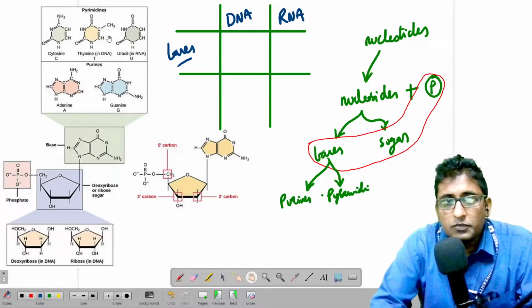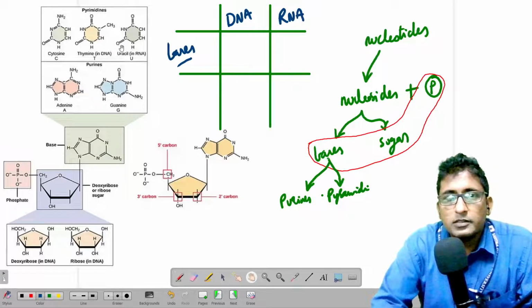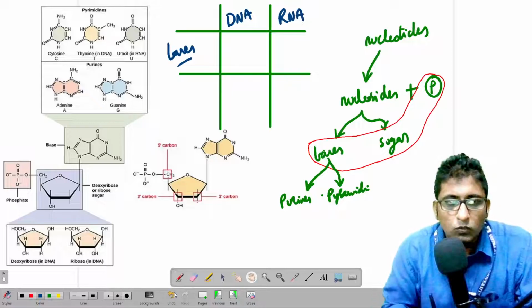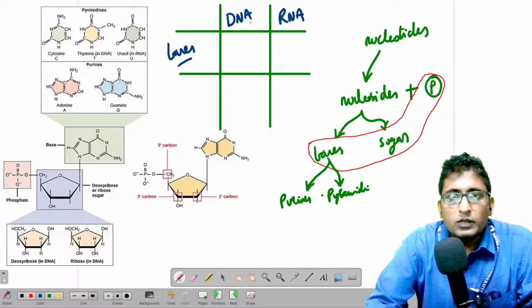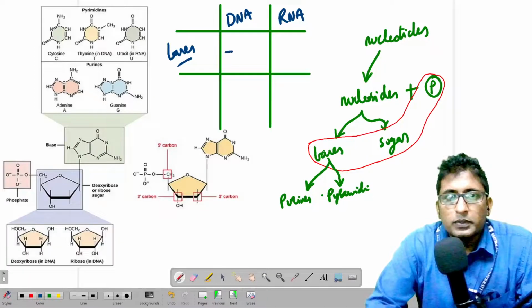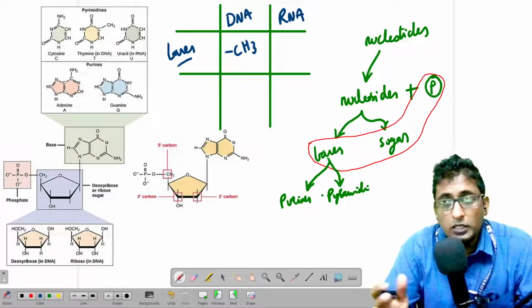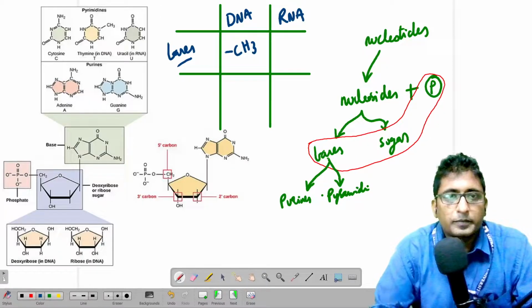And the chemical difference between thymine and uracil is one methyl group. So we can say the difference is that there is one additional methyl group in DNA as compared to RNA in terms of nitrogenous bases alone.